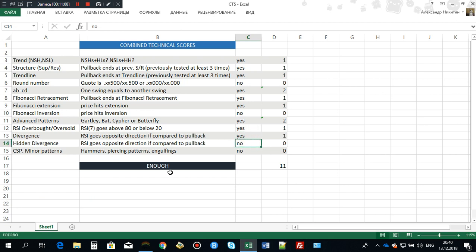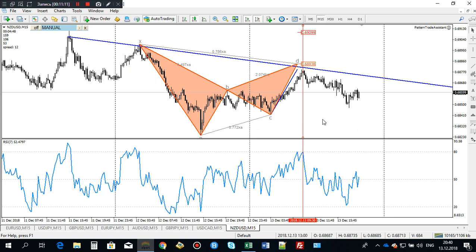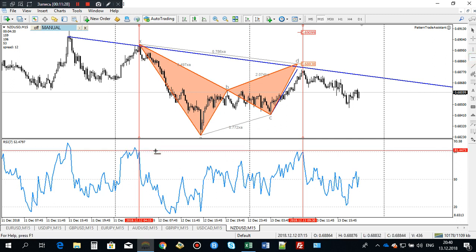Next one is the hidden divergence. Hidden divergence is a bit more complicated thing, and what you need to do to have a hidden divergence, you need to compare the X point and the D point. At the X point you have a horizontal line, and in many cases, look at this.